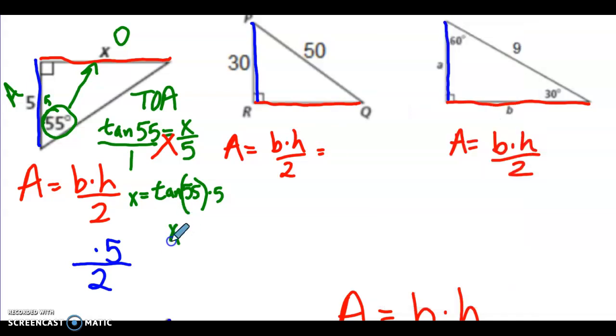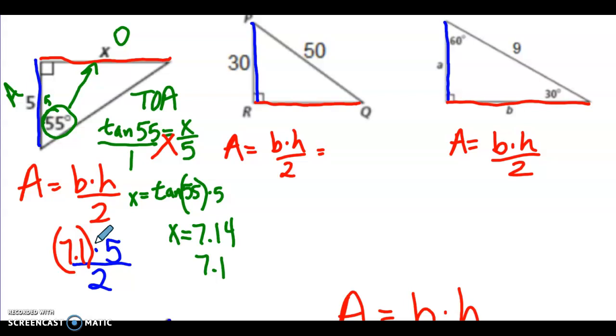We are always going to round to the nearest tenth, people. So it would be 7.1. So 7.1 is going to be my base. All right. So I typed that into my calculator, and that would be the area for that triangle. For time's sake, I'm going to keep moving.